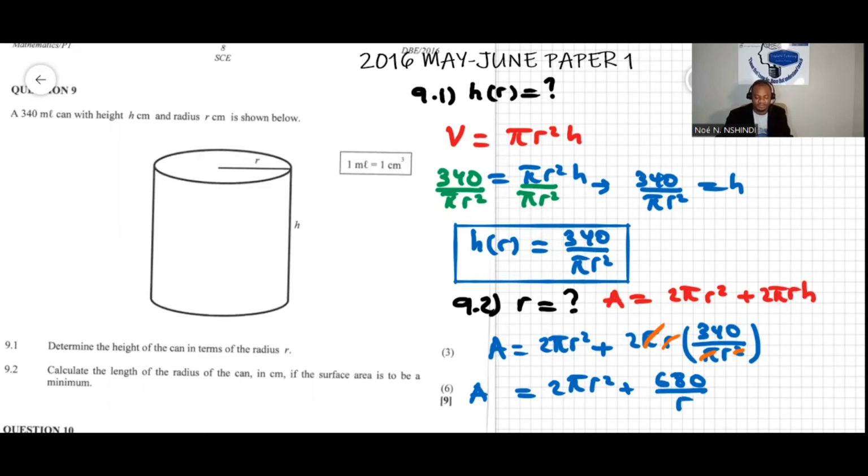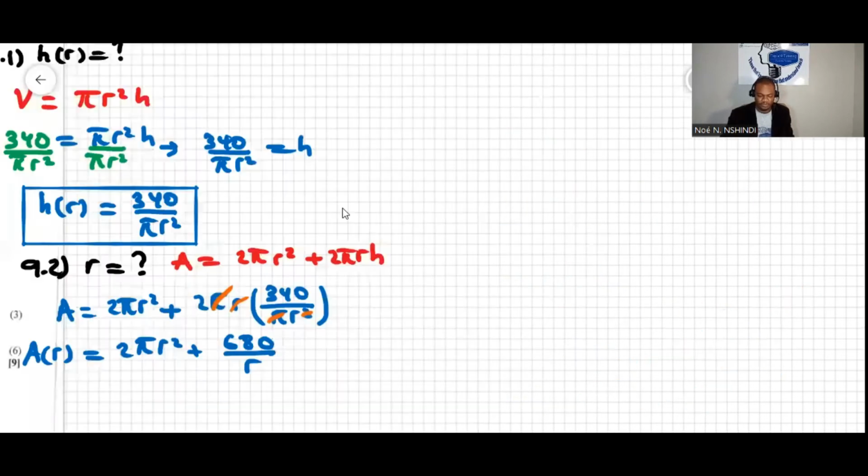Now, to find the minimum, we're going to differentiate this function and set the derivative equal to 0, because this is A in terms of r. Let me write it this way. I'm gonna rewrite it now: A of r. Okay, now we're going to differentiate this function.